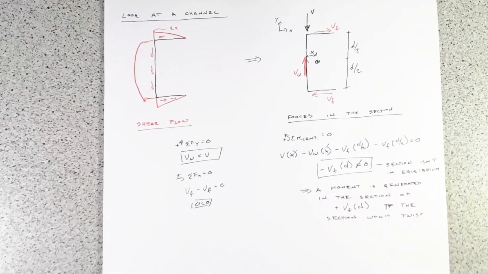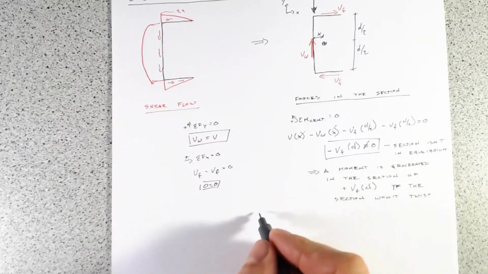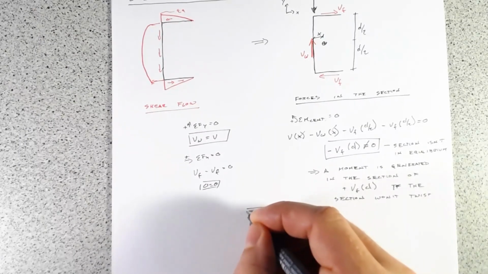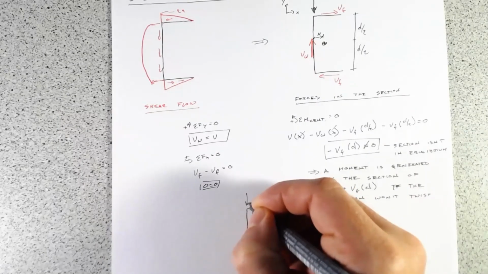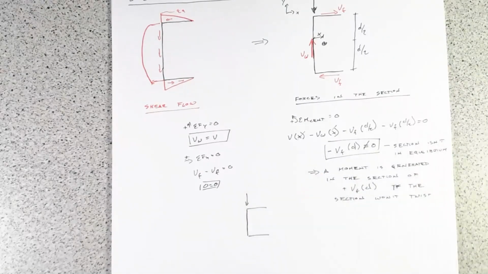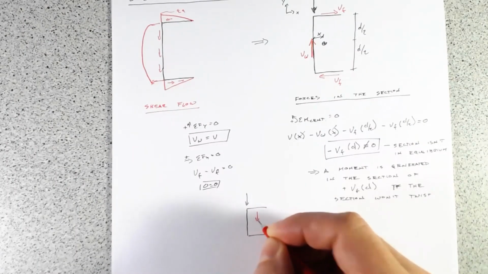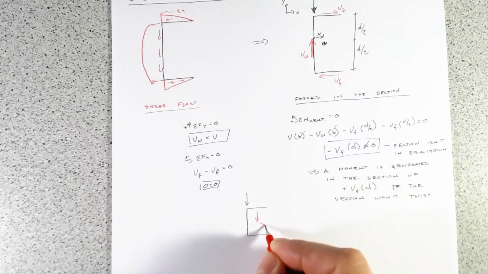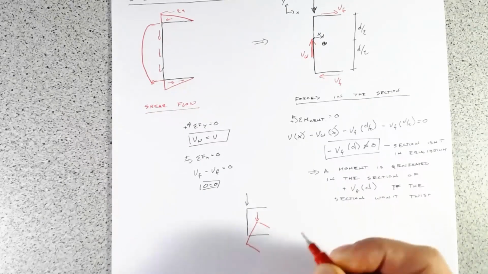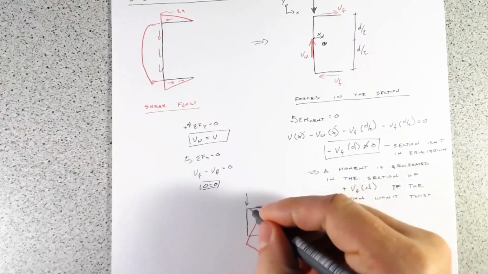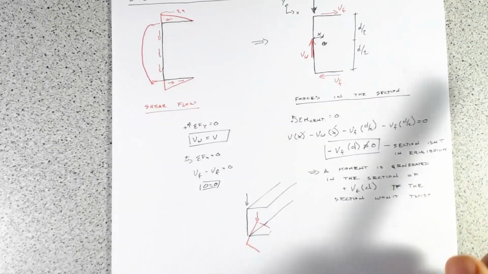say we have our channel here. If we're pushing down on the web, what's going to happen, I'll draw it in red, is basically the section will bend. So that's our original one.